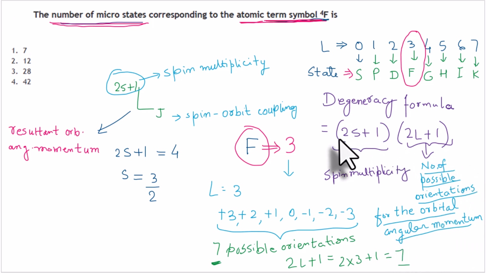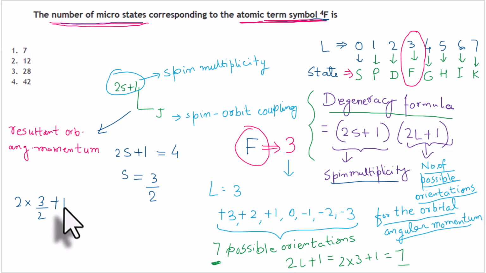The product of 2S plus 1, the spin multiplicity, and 2L plus 1 gives the number of microstates for a particular atomic term symbol through the degeneracy formula. What is our spin multiplicity? It is 2 times 3 by 2 plus 1, or you can see directly that it is already given as 4.